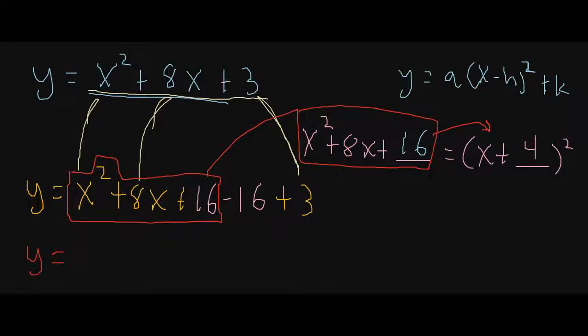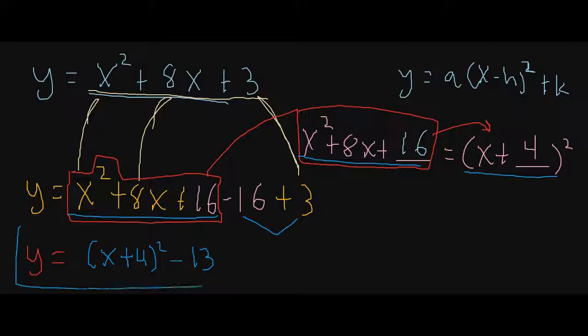I hope you can see that we have x plus 4 squared, because x squared plus 8x plus 16, which we have over here, is equal to x plus 4 squared. And then last but not least, we just need to simplify this. What's negative 16 plus 3? You could do that on your calculator, or 16 negatives, 3 positives, we're going to get minus 13. And this is going to be my final equation here.